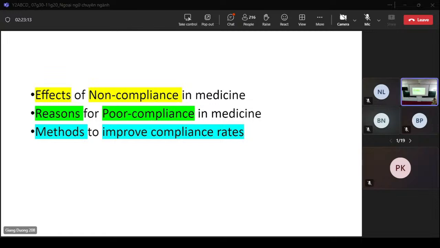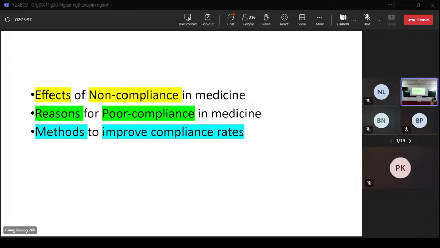Non-compliant. I don't follow what you prescribe me. Reason for poor compliance. Poor compliance, like, for example, I follow 2 days strictly, and then on the third day, I remove some, or instead of drinking the medicine 3 times, I use only 2 times.